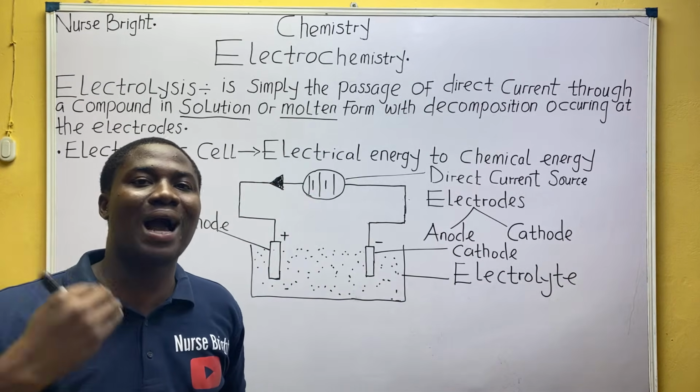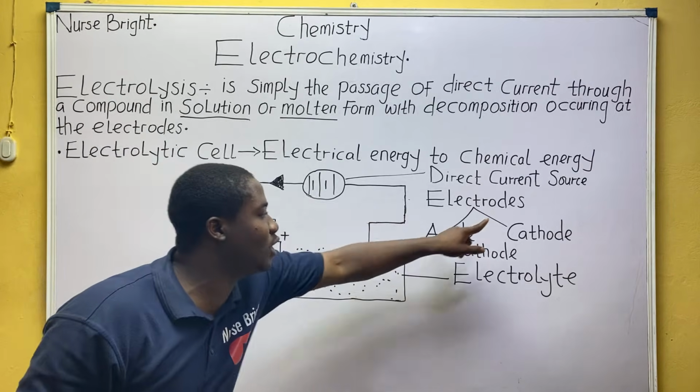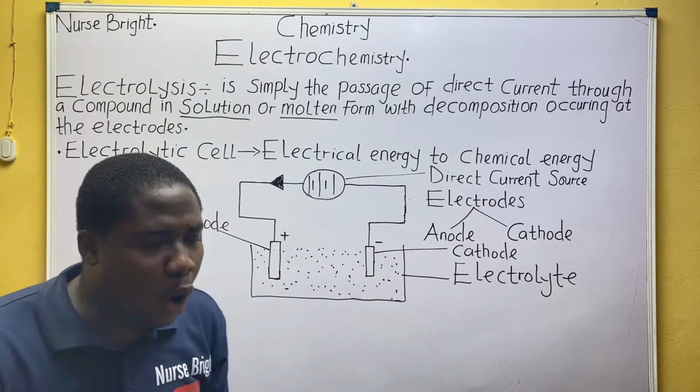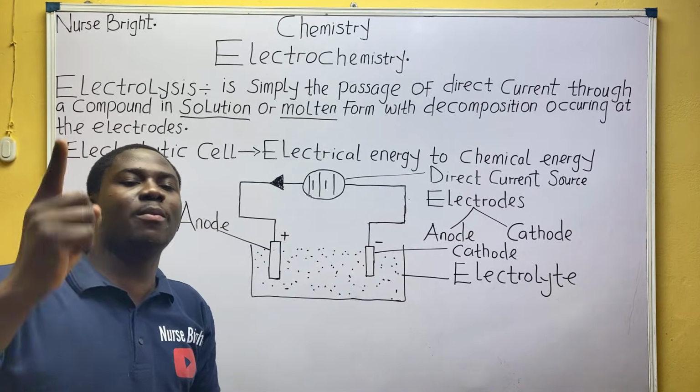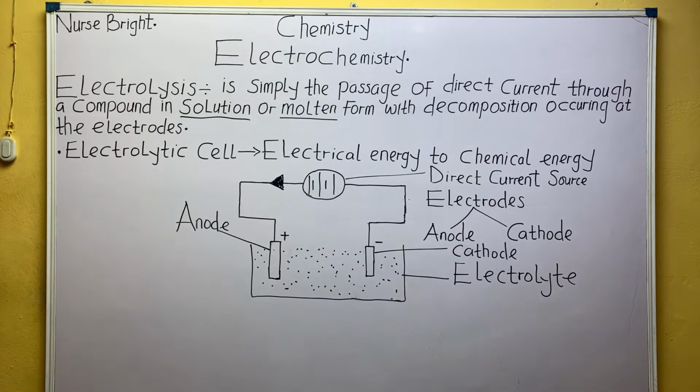I have told you already that electrodes are anodes and cathodes, but let us stress on electrolytes. I'll be wiping the board so we can start properly on what electrolytes are, so we get to understand everything that is happening.